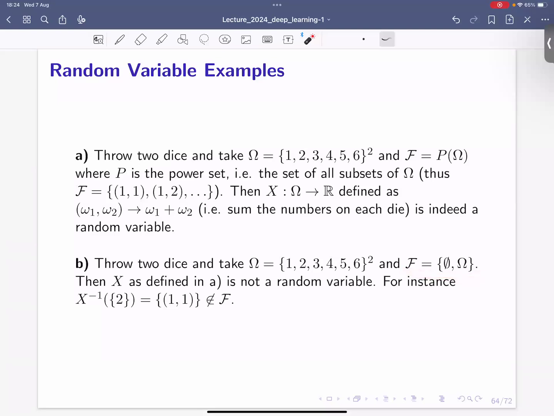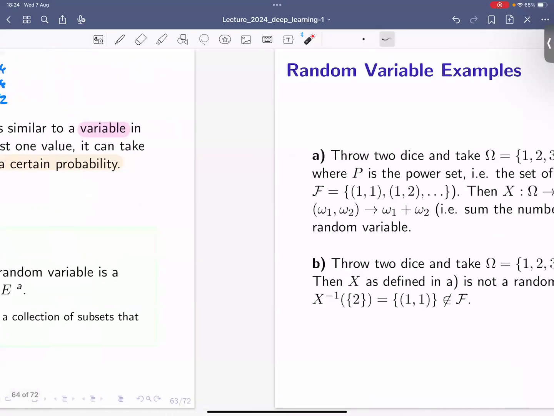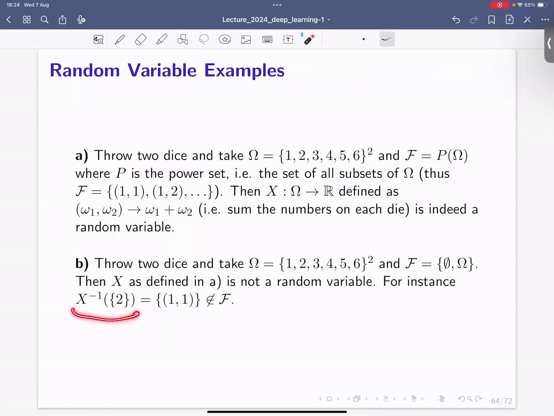This is a condition that we formally need for random variables: if you take x to the minus 1, the preimage, it has to be in the sigma algebra, and it is not in this case. This is a little bit technical. It's okay if you don't necessarily understand the technicality of this example. It's just to tell you that you have to be a little bit careful. But in all the examples that we will see, I will define random variables and they will be valid.